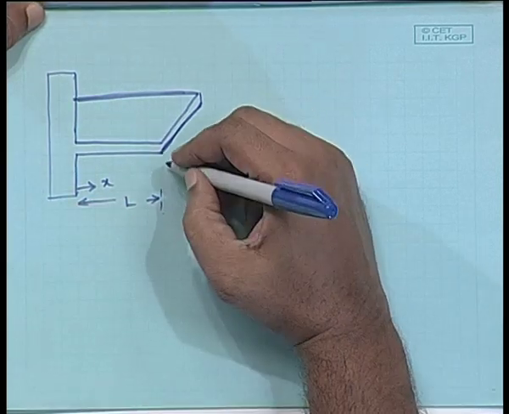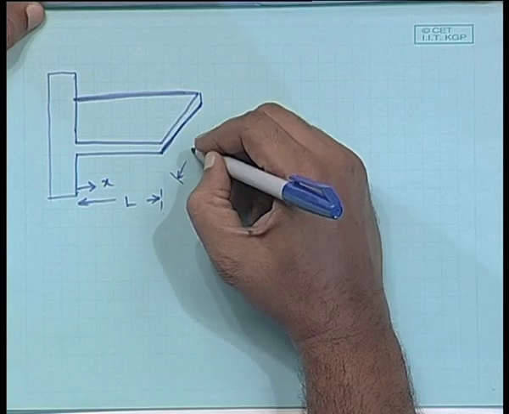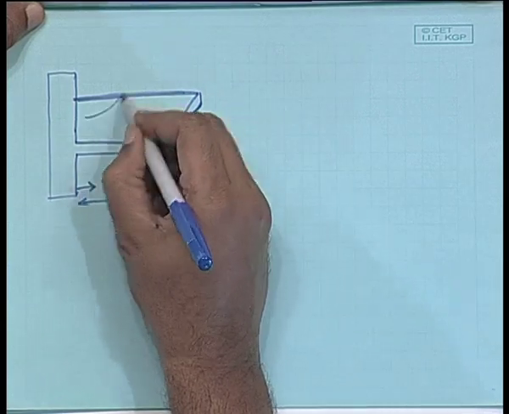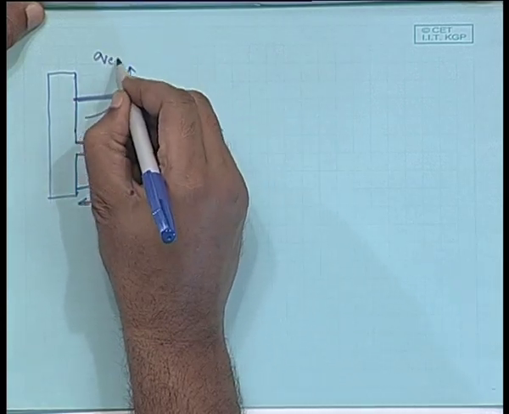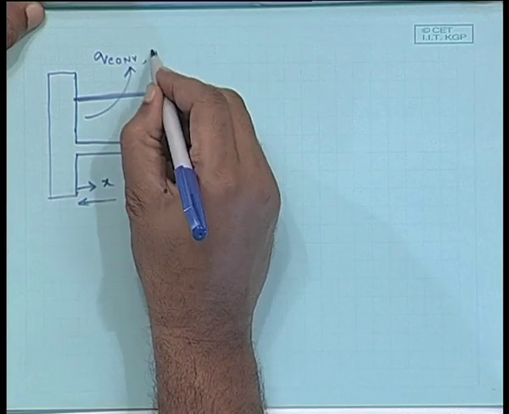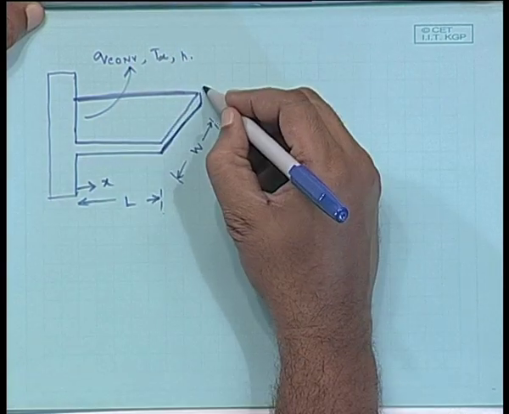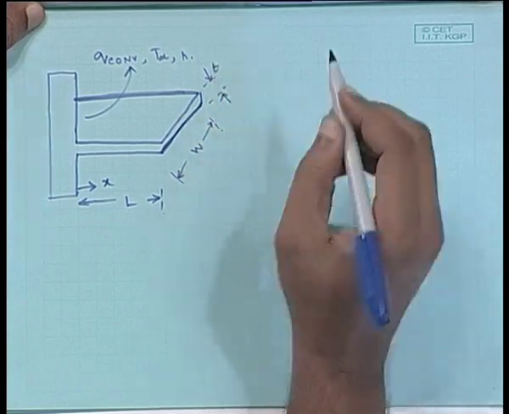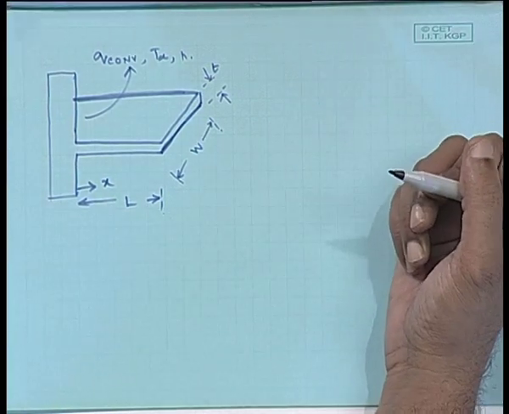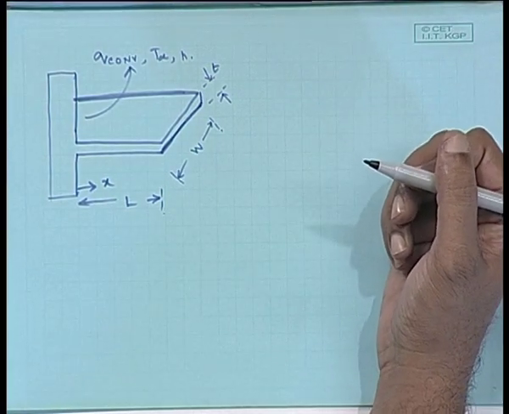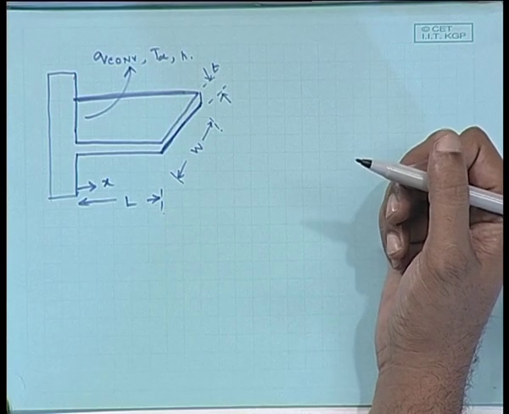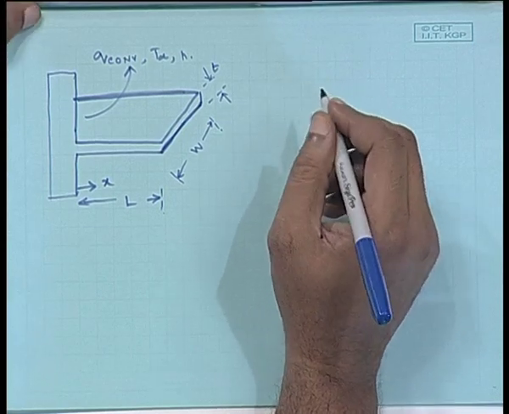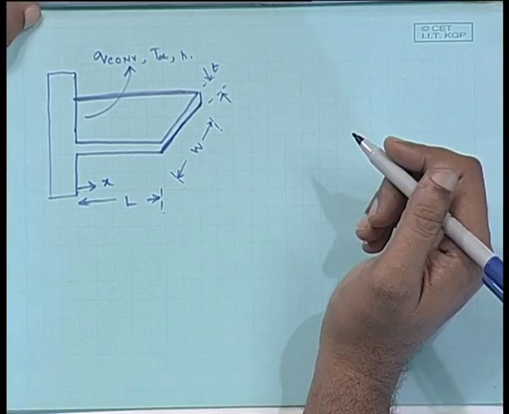What I am doing is I am drawing a rectangular fin, and as you can see it is going to be of constant cross section. Now, it is a constant cross section case, and if I look at my previous equation, what is going to be the change in the previous equation?